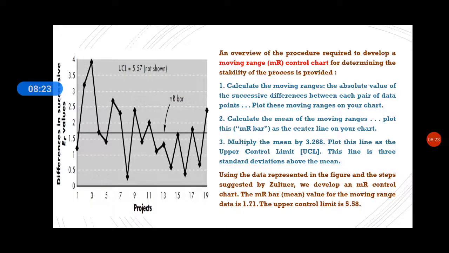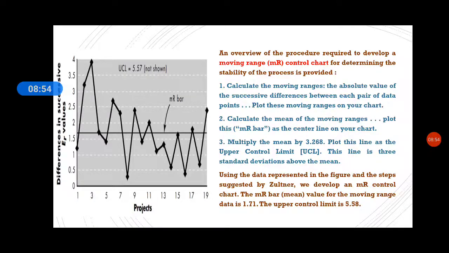The first one is to calculate the moving ranges. We need to calculate the moving range value, the absolute value of the successive differences between each pair of data points. Then plot these moving ranges on your chart. If you observe in the diagram, on the x-axis the project values are considered, and on the y-axis the difference in successive ER values is plotted.